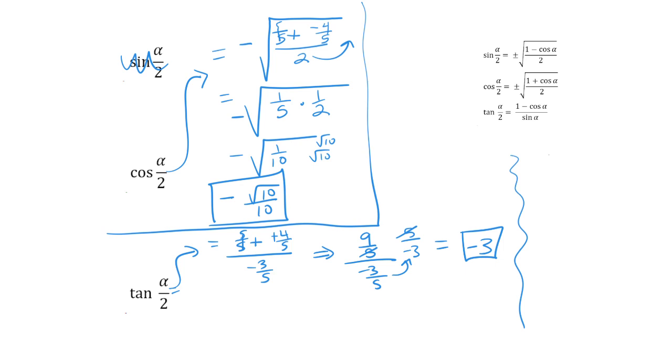The tangent we said was 3 root 10 over 10, and that's sine over cosine, which is a negative root 10 over 10. If you bring this up, multiply by the reciprocal, these 10s cancel, these root 10s cancel, and all you have left is this negative times 3, and you get negative 3. So yes, you can do that.